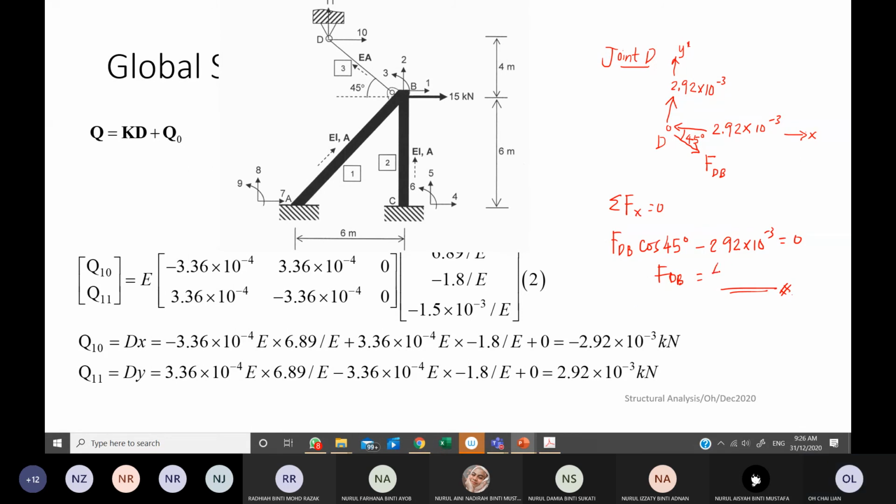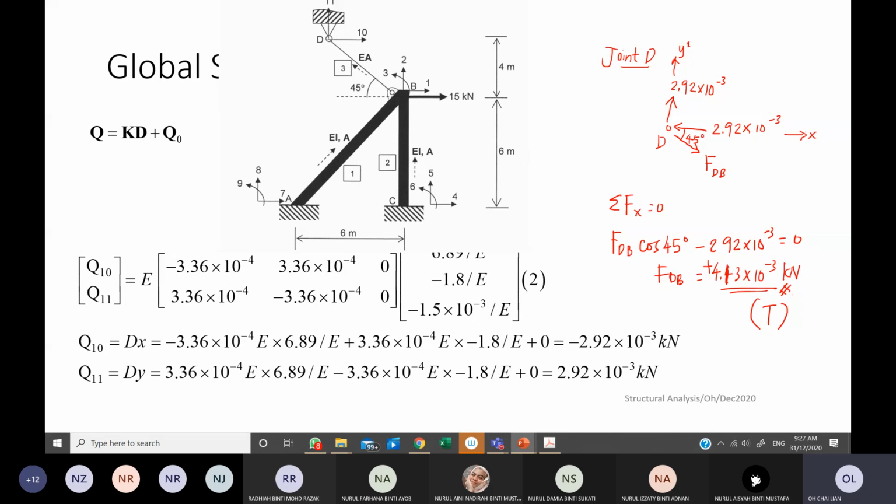Times 10 power of negative 3. 4.43 times 4.13, 10 power of negative 3. So positive, is it? Yes, positive. Positive means that this is tension. Just put it tension like that. If it is negative, just put it as C. The symbol C means that it is compression.